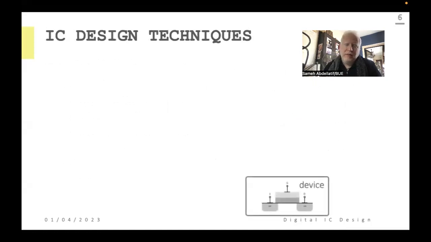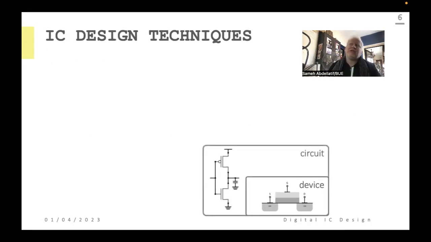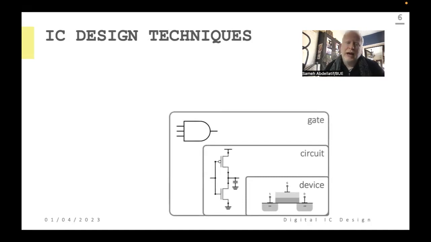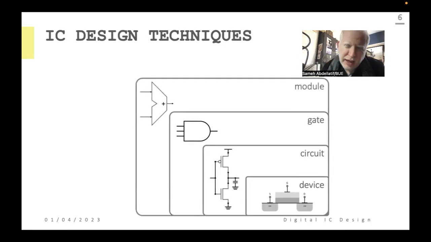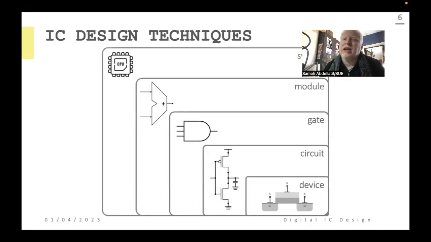So these small MOSFETs can be connected together to construct what we can call transistor level circuits that can then be converted into a gate, then into a module and finally into a system, which is simply how we see the overall digital process.